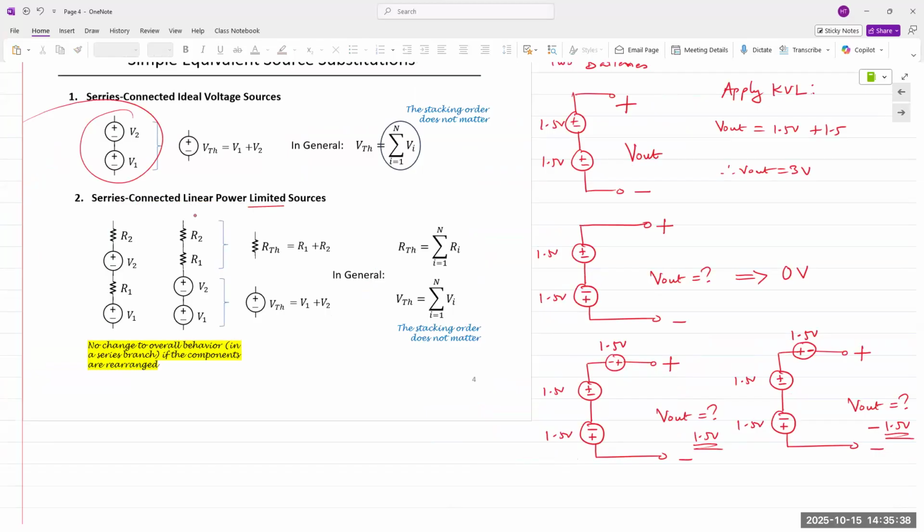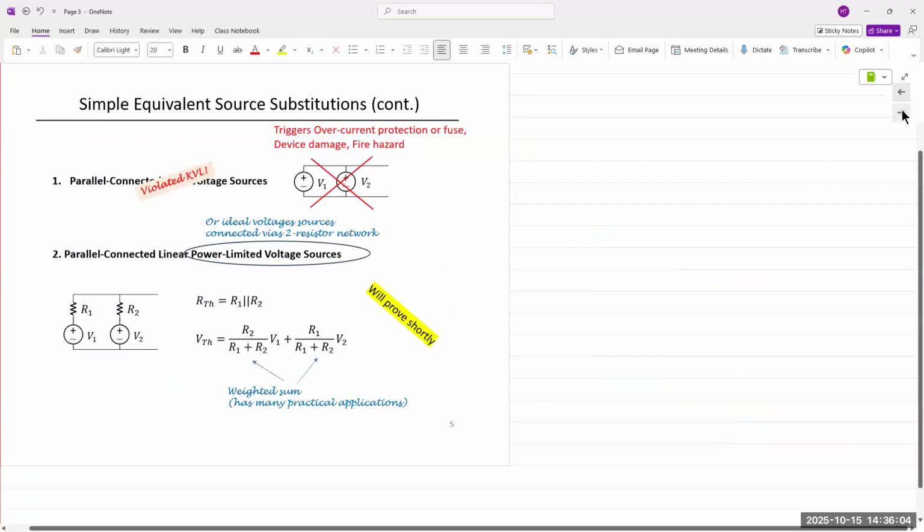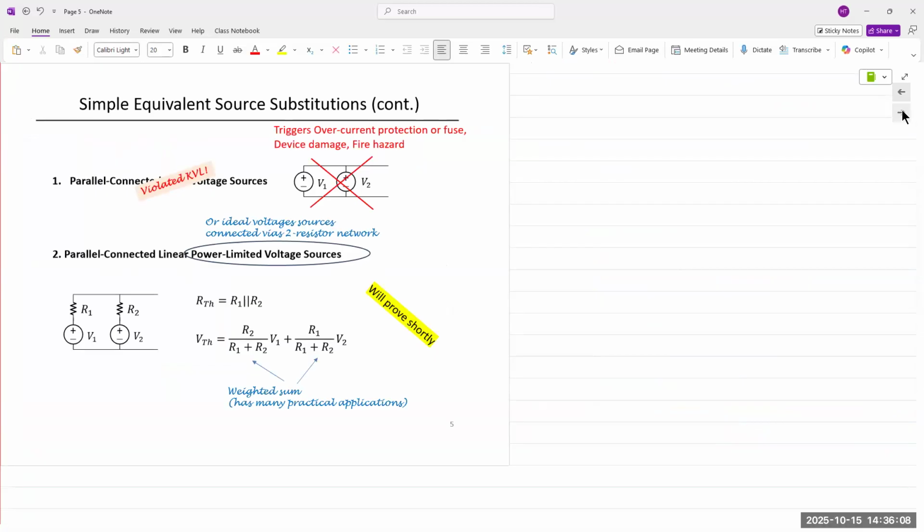We can simply add up the resistors as if they were in series, not as if they are in series. And then VTH, again, adding up the voltages in series. Okay. So if we have a circuit like this, it's far easier to reduce it and find Thevenin voltage and Thevenin resistance. So that was series connection.